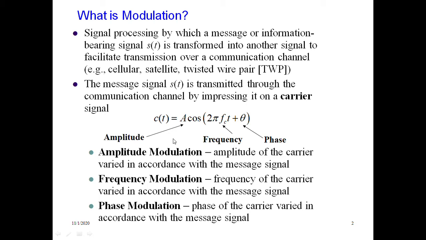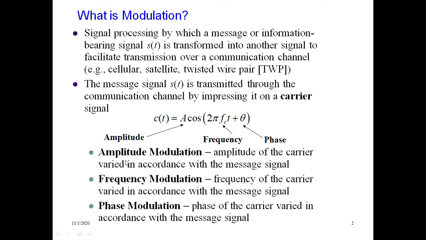It has an amplitude A, or depends on the designer of the system, cos 2 pi fc t. fc here is the frequency of the carrier, plus theta if there is a phase also. So this particular signal is the carrier.